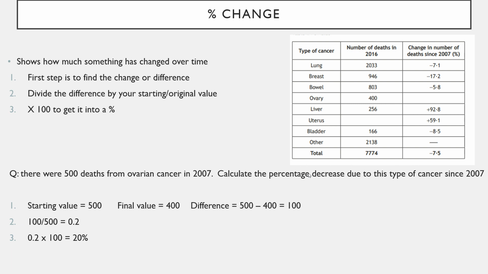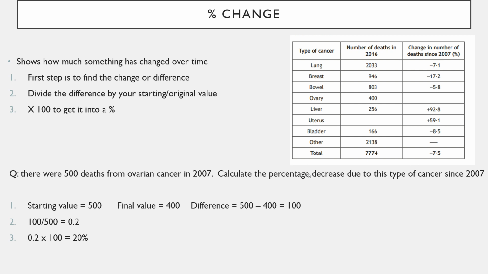Another common calculation that comes up is percentage change, which tracks how something changes over a period of time. There are 3 steps to doing this calculation. First is to find the difference between your two values, your start and your end. Then divide that difference by your starting value, and finally, to convert it into a percentage, multiply by 100.